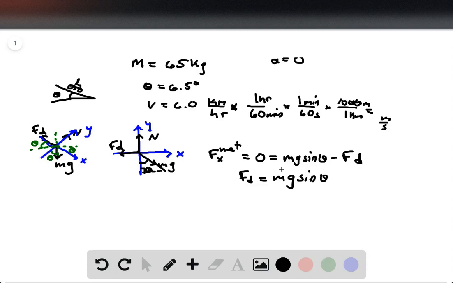And then we want to consider when she's pedaling up the hill. So now she's going upward. It's the same hill, same angle, same air resistance, so we still know that drag force.